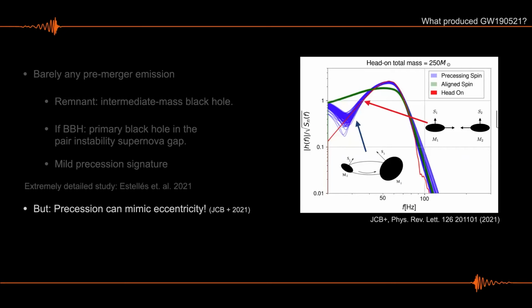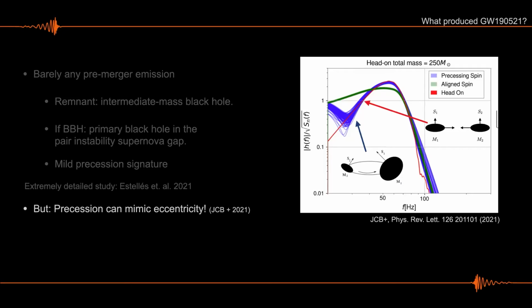But it turns out that for such high mass systems, for which the signal is so short, you can actually mistake precession for orbital eccentricity. Both can give you the same effect. An example is here. We considered a reference signal, which is just an extreme eccentricity case, a head-on collision. So you only see the merger emission. You don't see any power at lower frequencies coming from any inspiral.